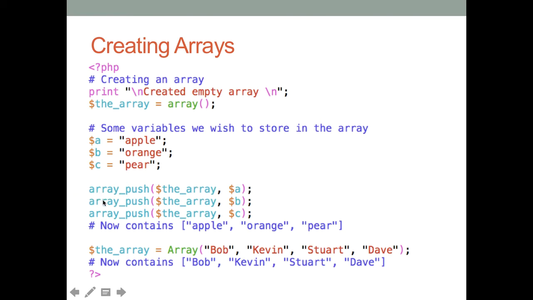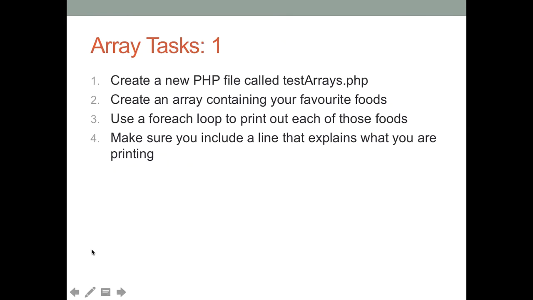So we're going to add each of these items and it will have added them in order, so apple, orange and pear. We can also do that in one go at the beginning. So if we know what data we've got when we start, we can add it all in one go like we've done in this example.